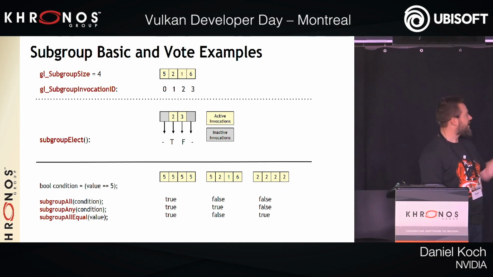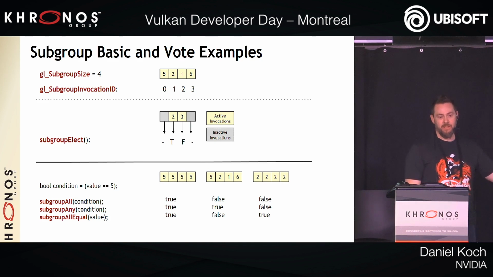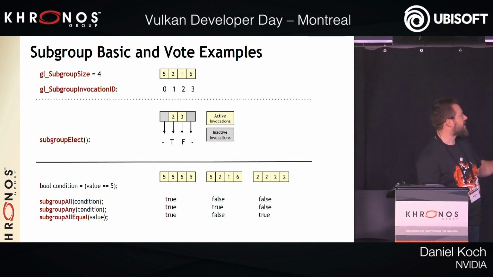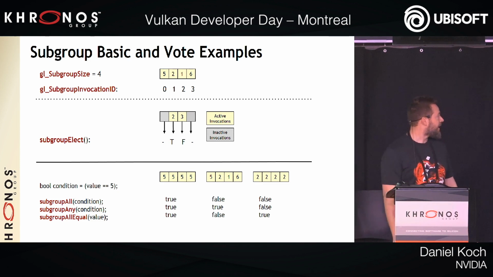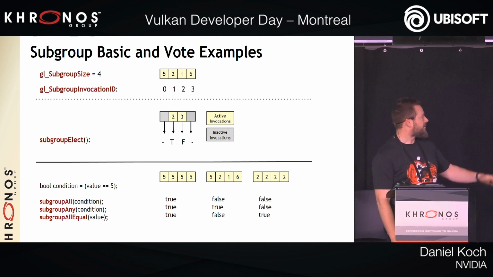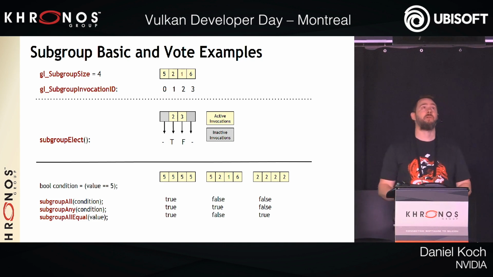The numbers inside them are the data, a specific value in the thread. So when we talk about value, it'll be 5, 2, 1, or 6. The invocations on the left are always going to be thread 0, thread 1, thread 2, thread 3, etc. I'm not always going to number the invocations, but that'll be the order that I'm going to be talking about them in.